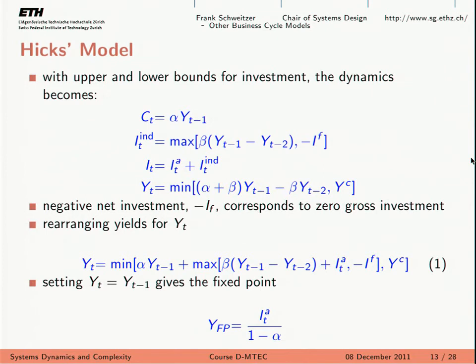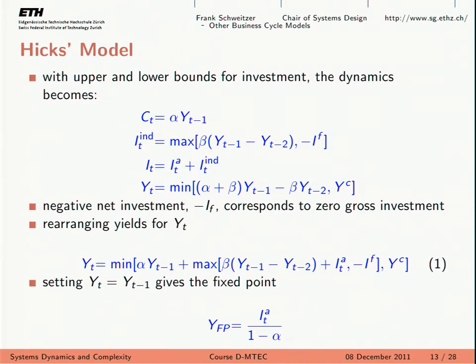Once again, let me reiterate, there is only so much output that we can produce physically, and there's only so much disinvestment that we can do without actively destroying capital, which Hicks argued rational investors do not do. They simply refrain from investment.